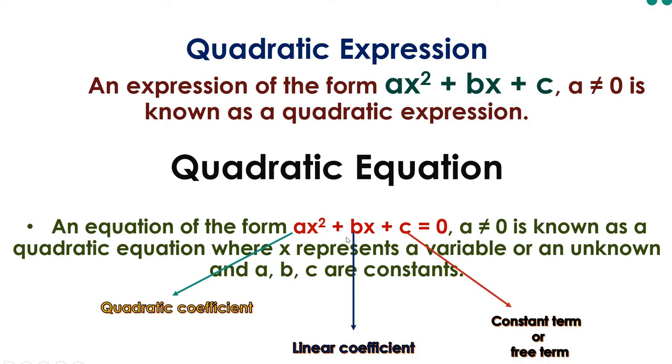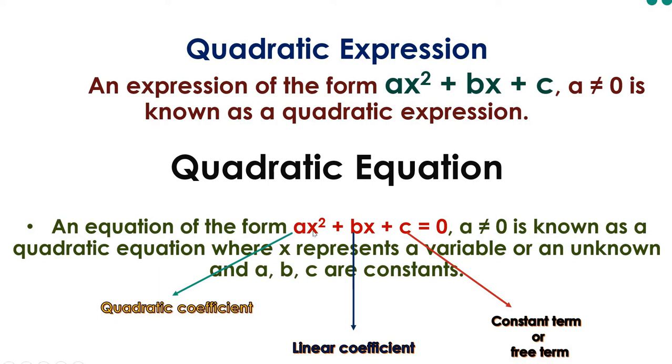A quadratic equation in a variable x. Here x is representing a variable and a, b, c are constants. We call a the quadratic coefficient because this whole term ax square is a quadratic term, because the power of x is 2. Whenever we have the power as 2, we call the term a quadratic term.